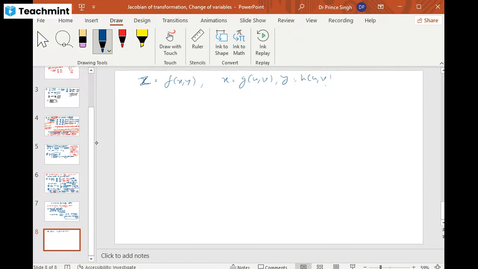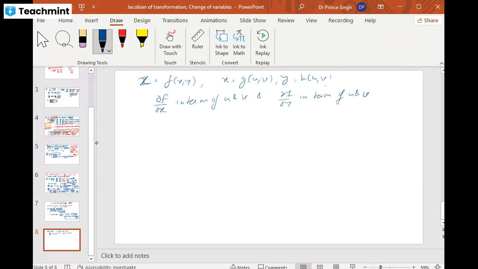But if the question is: we are given f is a function of x and y, and x and y are functions of u and v, but we need to express curly f upon curly x in terms of u and v, and curly f upon curly y in terms of u and v.